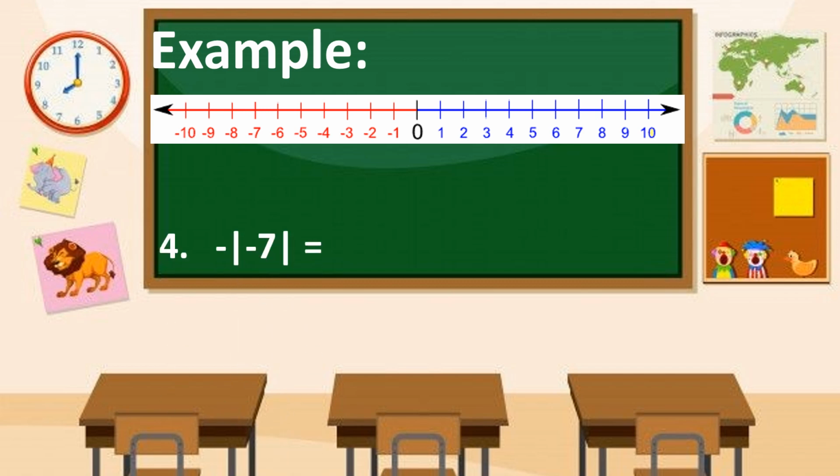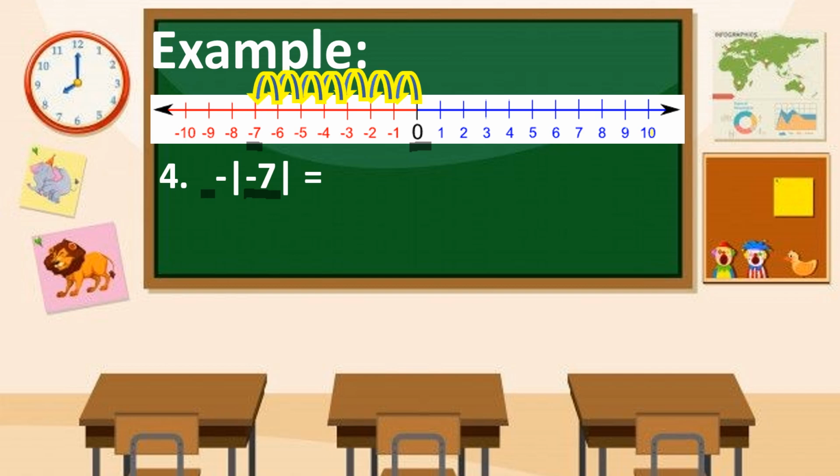Next example, number 4. This is to be read as the negative absolute value of negative 7. Dito tayo kay negative 7. Titingnan natin yung distance ng negative 7 from 0, kung ilan po yung unit yung distansya nila. 1, 2, 3, 4, 5, 6, and 7. Therefore, there are 7 units.